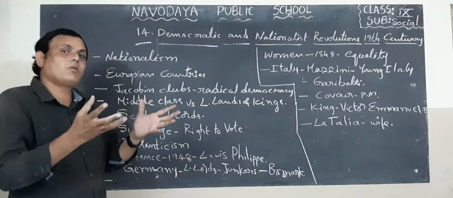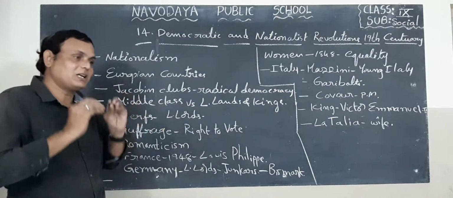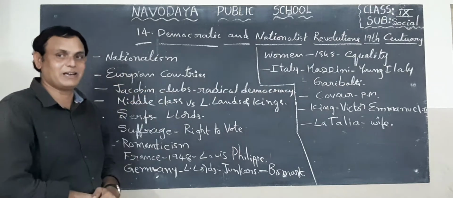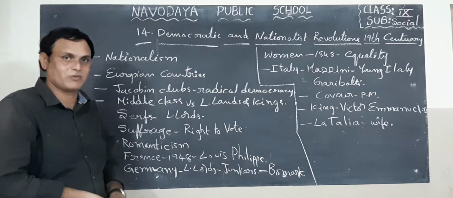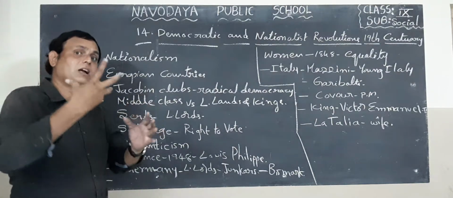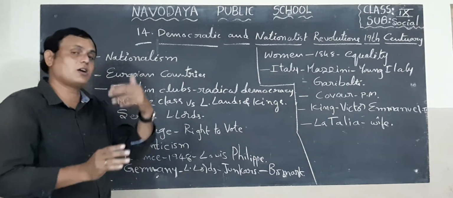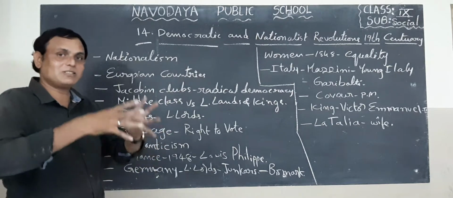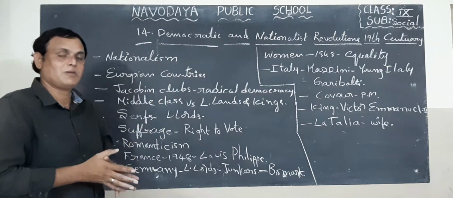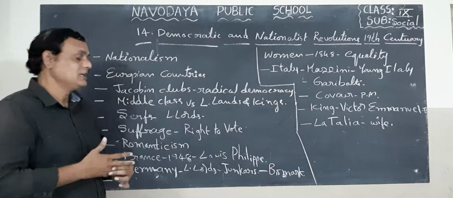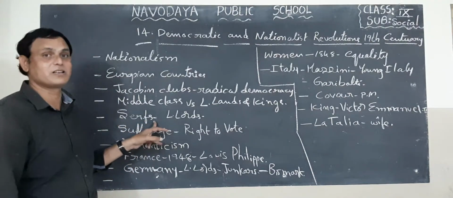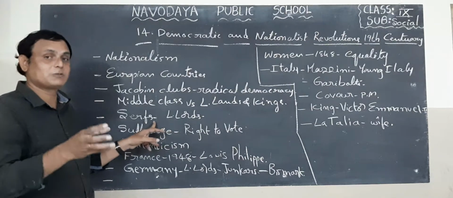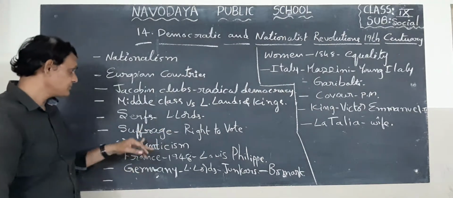They had no right over the land, but they had to cultivate the land. The landlord possessed thousands of acres of land. Without the landlord's permission, they could not go outside. That was the position of the serfs, bonded labor. 90% of peasants were like that in European countries. That I explained to you in this lesson.